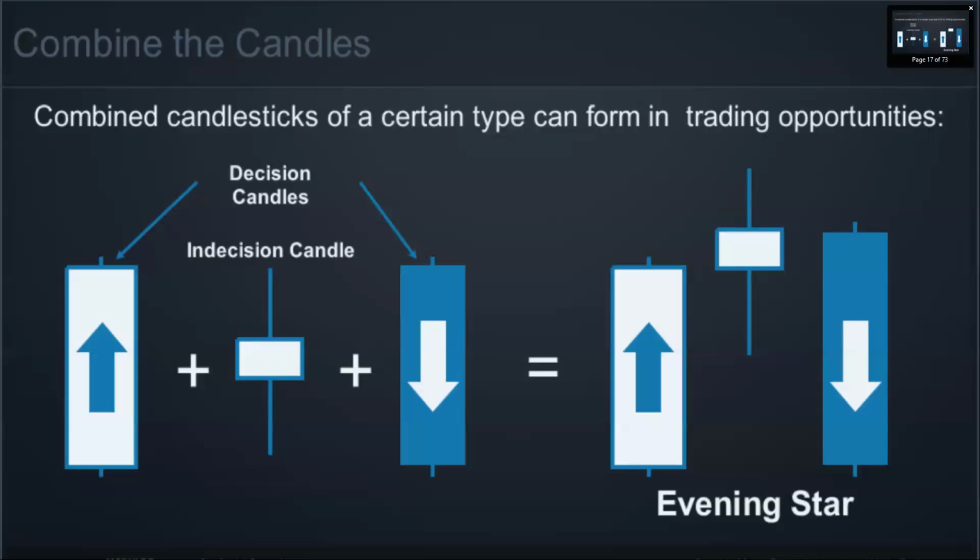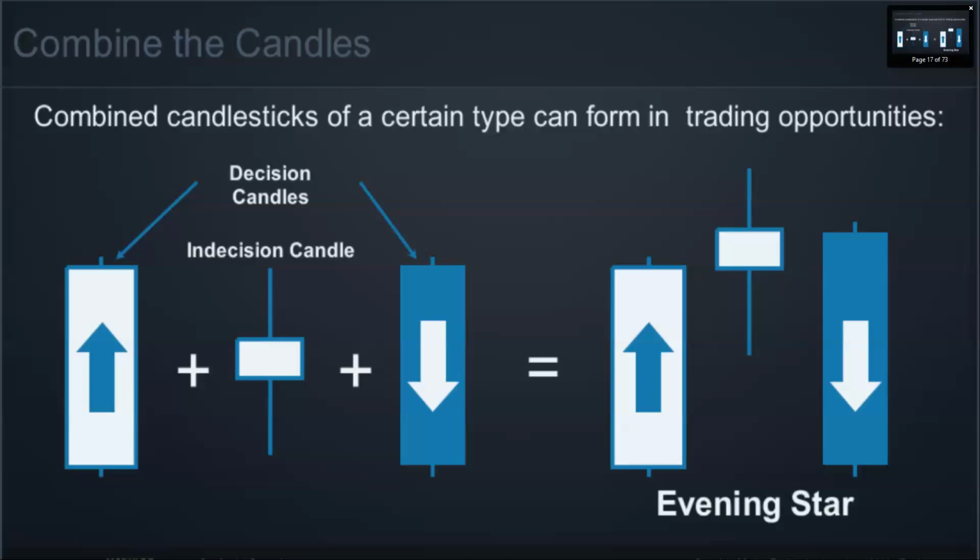Just like we have single candlesticks that we can use to make decisions, we also have double and triple. So we can combine candlesticks to make decisions. For instance, if you look at my screen, we have two: a strong bullish candle and a strong bearish candle. Then we have the spinning top, which is three.